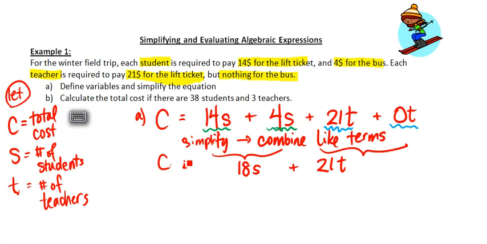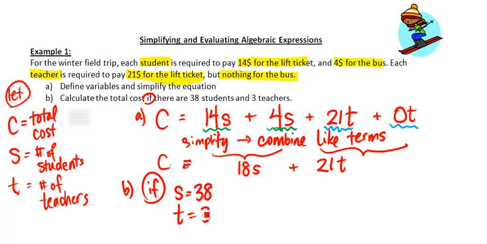Now the second part of this question is to evaluate by calculating the total cost if there are 38 students and 3 teachers. This is now our if statement because we're going to solve for it. So if we have 38 students and 3 teachers, then what we will do is we will substitute every letter, every variable, with the given number.